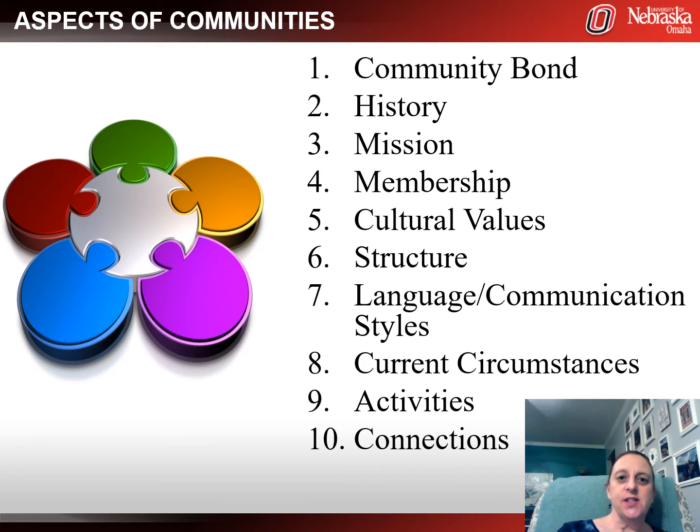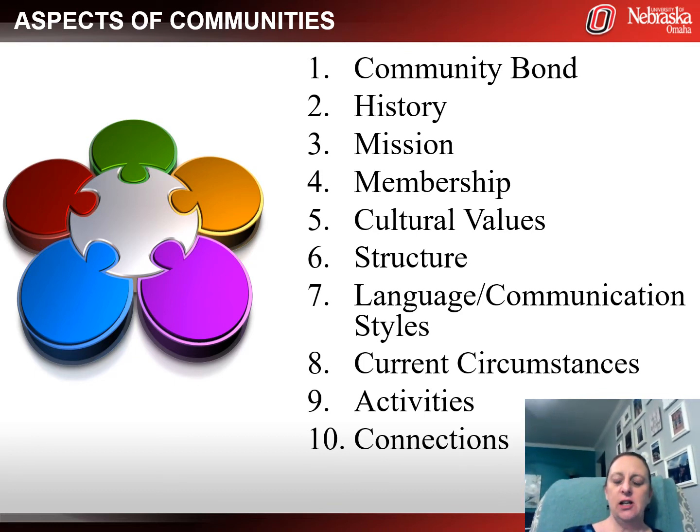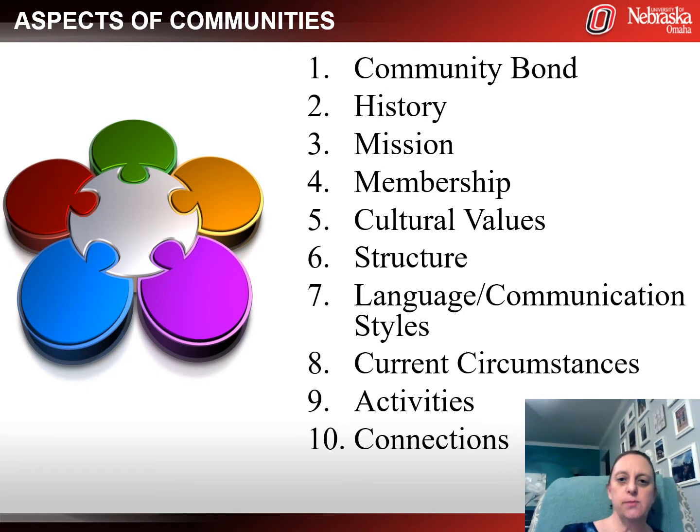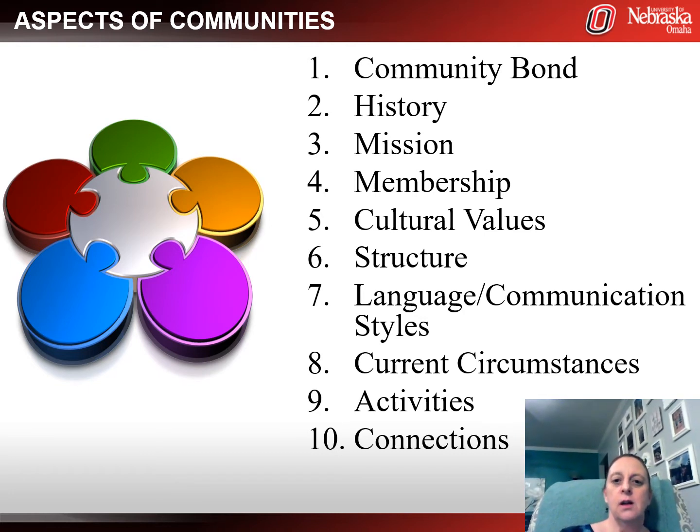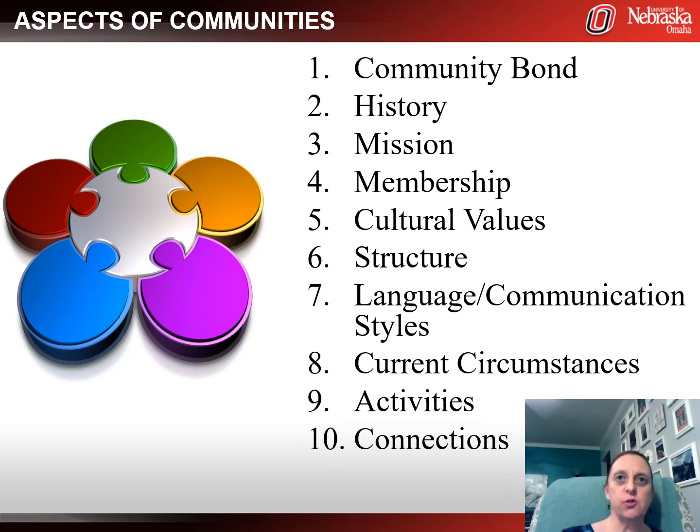There are different aspects to community, and those aspects include things like a community bond, things that are common that unite people together and form those bonds through relationships and commonalities. Another aspect that makes a community is history.